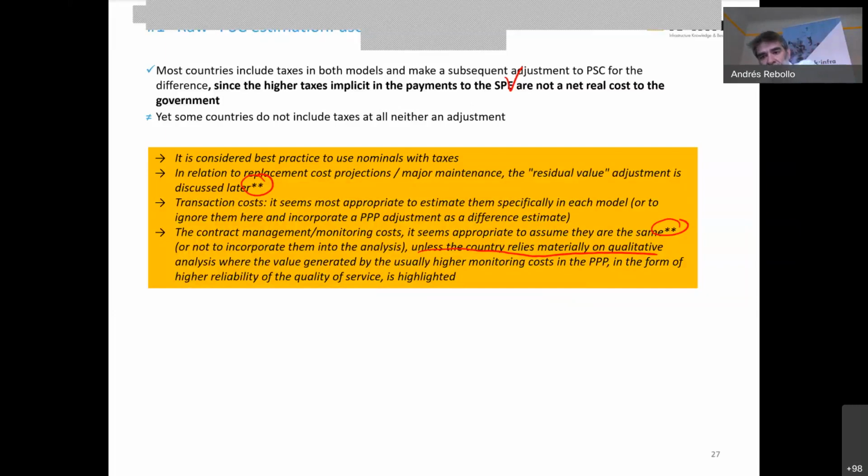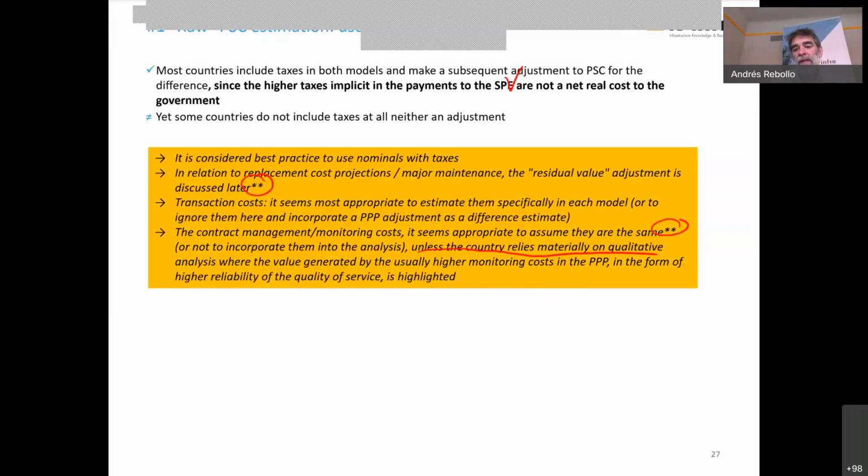I mean, the extra money that one could consider is going to be committed to controlling the key performance indicators and making payment deductions and so on in the PPP, because in the PPP contract, everything will be more detailed, the performance requirements, etc. Typically, it's not fair that it is going to be penalized in the PPP when by itself that money is giving me in return higher quality control.